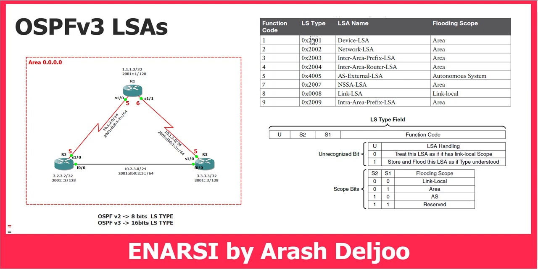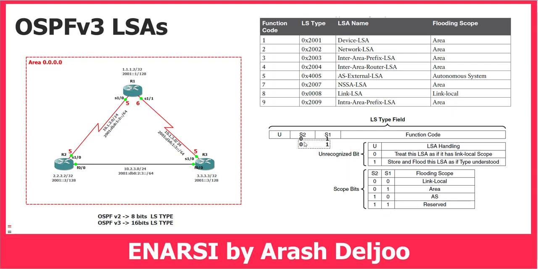For example, in the LSA type 1, or the device LSA, we have 2001. What does it mean? First, you know that the scope of LSA type 1 is area. Because of that, in the S bits, we are using S2 0, S1 1. Look at here, it is so easy. Here we have 0, 1.